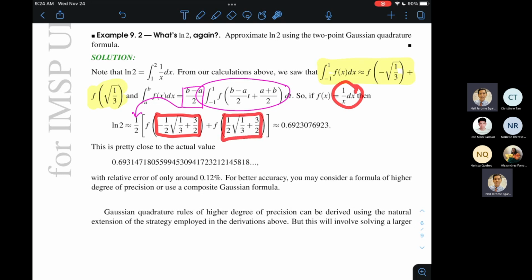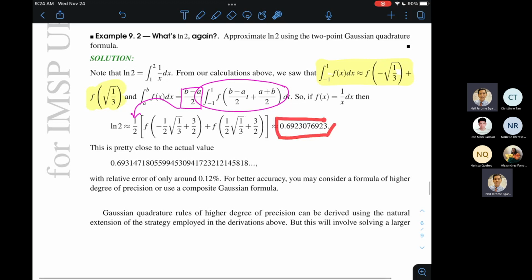And what we get from this calculation is this guy, up to some degree of precision. Okay, and this is pretty close to the actual value ng ln2. Actually the relative error is just 0.12%. So this produced a very nice approximation for ln2.